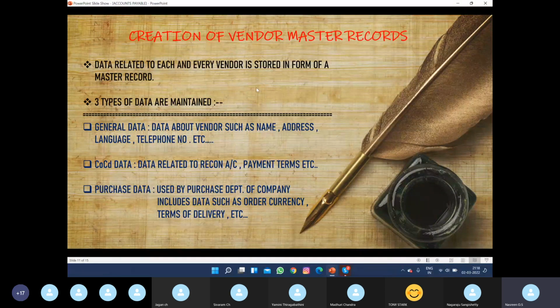When we are having a transaction with any of the suppliers, then we have to maintain their records. Why? Because we have to make the payments, we have to make the transactions, we have to give them the purchase orders. Many transactions take place between a business entity and a vendor. Without having the data about the vendor, how can we trust them?